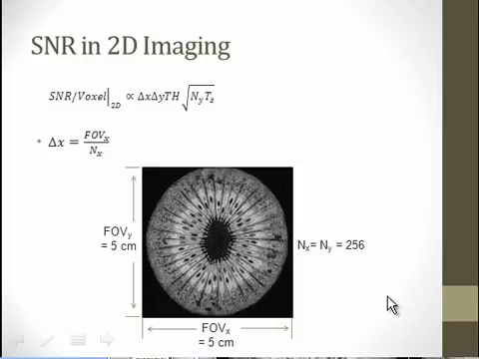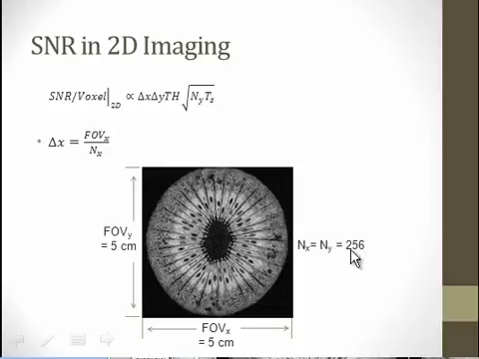Here is another example. This is the same image from before, but I just wanted to show the field of view. This is 5 centimeters by 5 centimeters, and the number of samples in X is equal to the number of samples in Y, which is 256. This is a common nx and ny number.